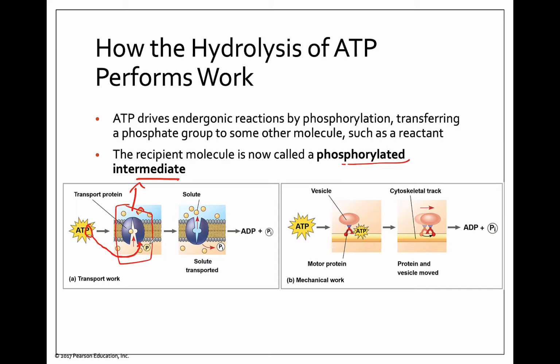And the physical connection of the phosphate changes its shape, which allows it to move. And then when that releases, it's going to change its shape again. The overall result is that the ATP gets broken down into ADP plus a phosphate. And again, phosphate I just means inorganic because it's no longer attached to an organic molecule.